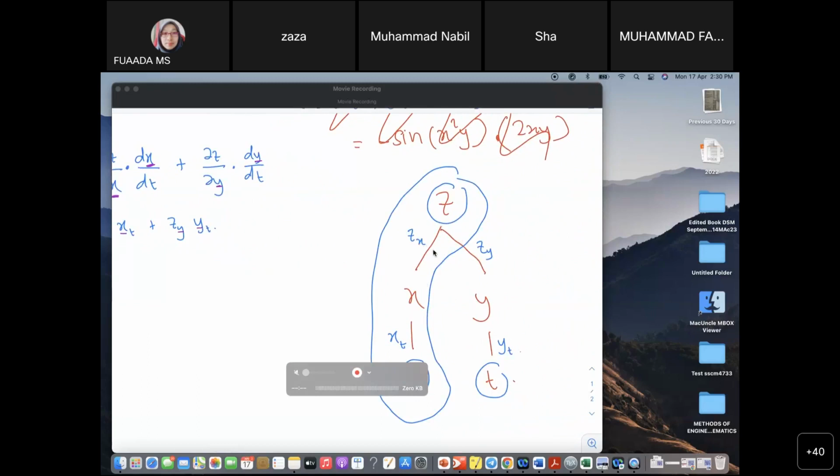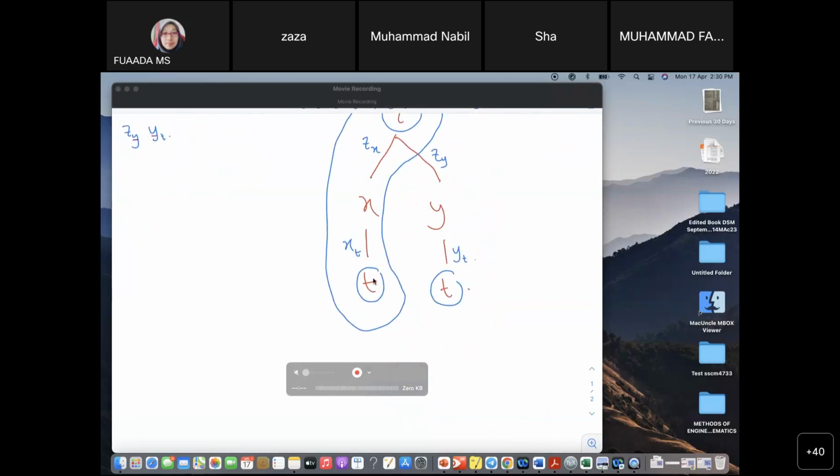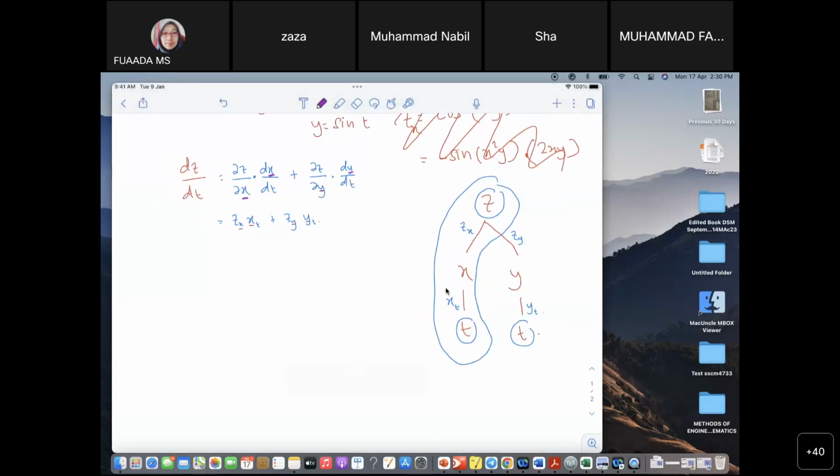That is because under the Z there are two variables, two items. They are sharing. So that's why I'm using del. But for this one, X to T, Y to T, I'm using D because we only have a single variable or single parameter. Okay, hopefully you faham ni kenapa saya tulis del dan kenapa saya tulis D.